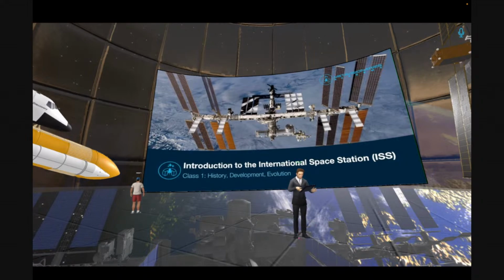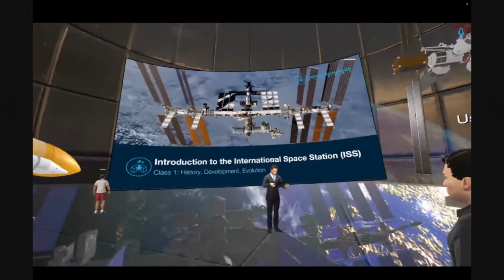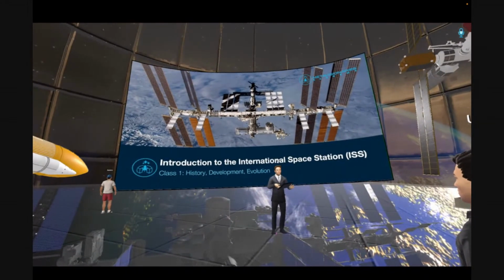And before we get into that, does anyone know what's in the picture right here? Yeah, so that's the ISS, if that's what the slide we're looking at. Yeah, exactly. That's the ISS.